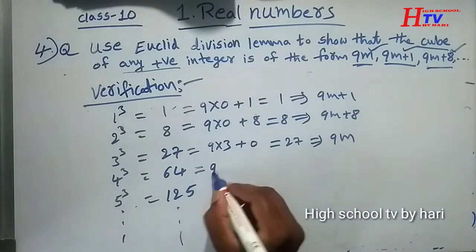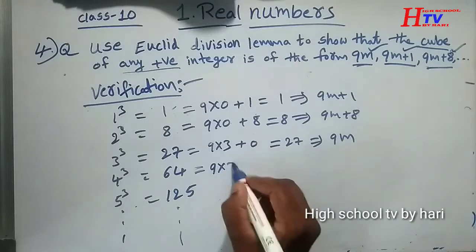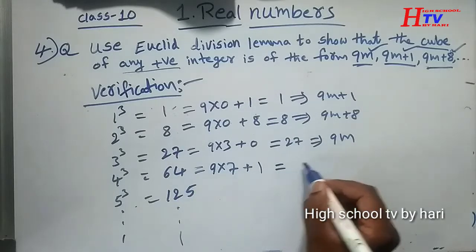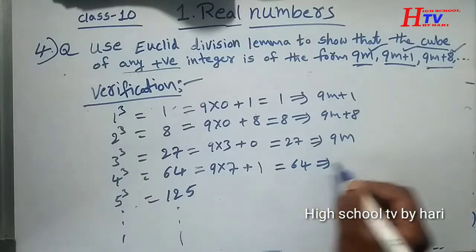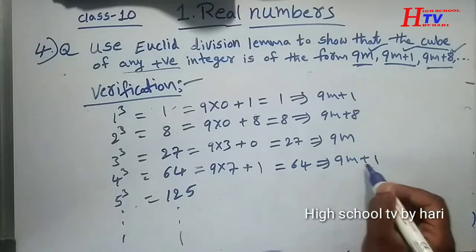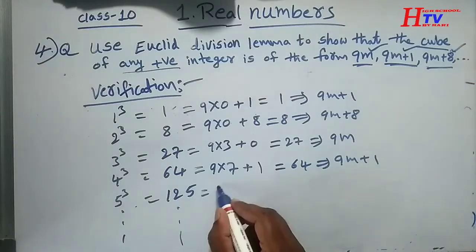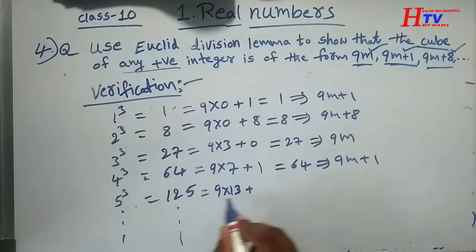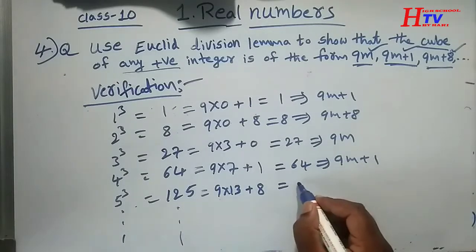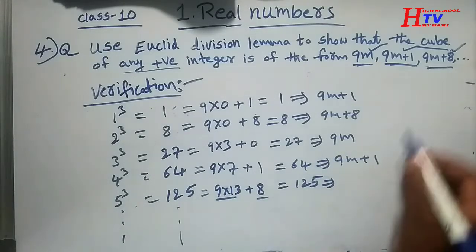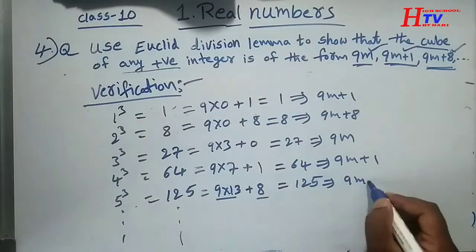Next one, it is 9 into 7, 9 7s are 63, remaining 1, so 64 equals to 9m plus 1. Second, it is 9 into 13, it is 117, plus 8, it is 125. It is nothing but in the form of 9m plus 8.